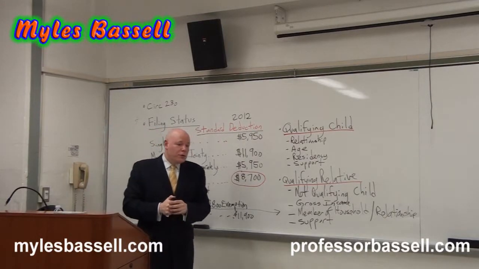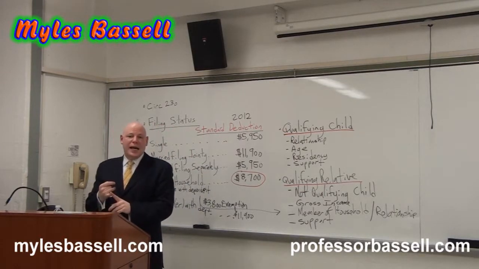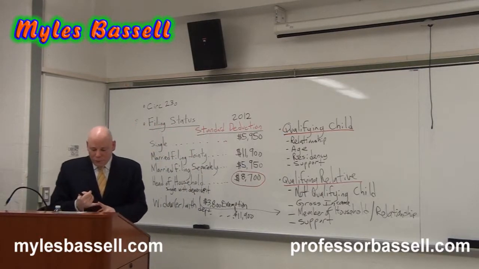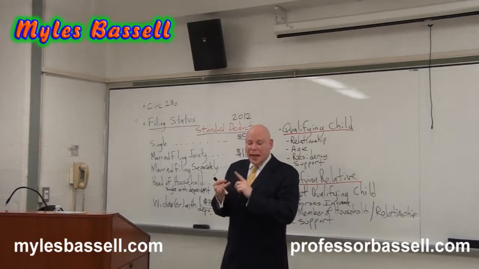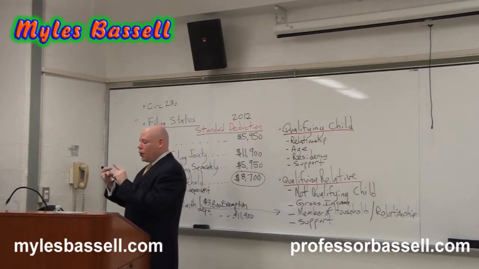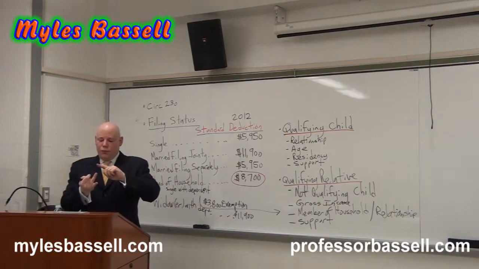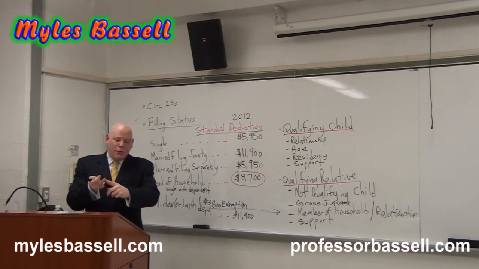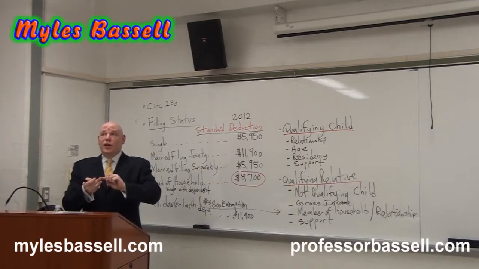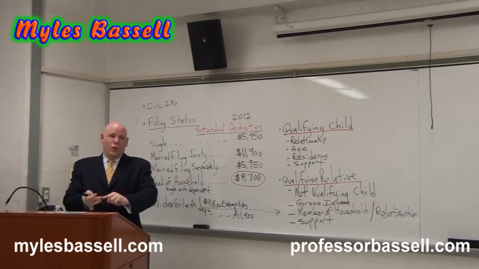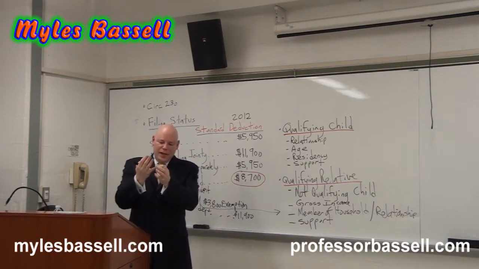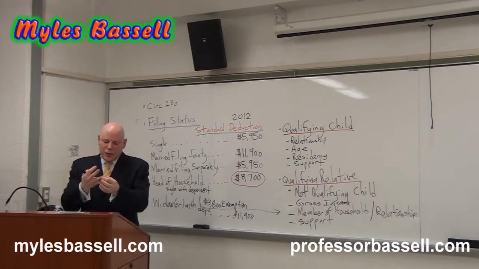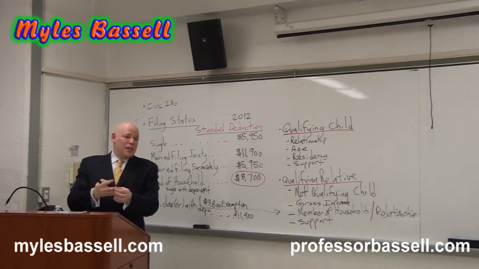So it's "or." What it says in the tax code is that you cannot claim them unless they're a U.S. citizen, a U.S. resident alien, so they have a green card, or a U.S. national.